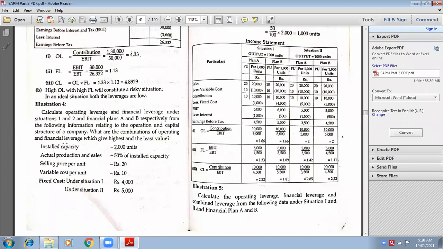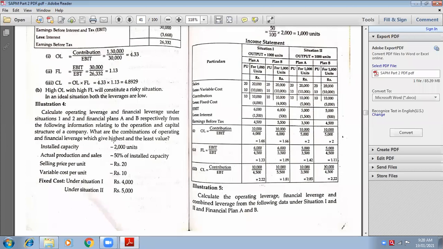Okay. So next you have installed capacity 20,000 units, but actual production and sales is 50% of installed capacity. See, our installed capacity, how many units can we produce? 20,000 units. But actual production is done up to 50% of the installed capacity.